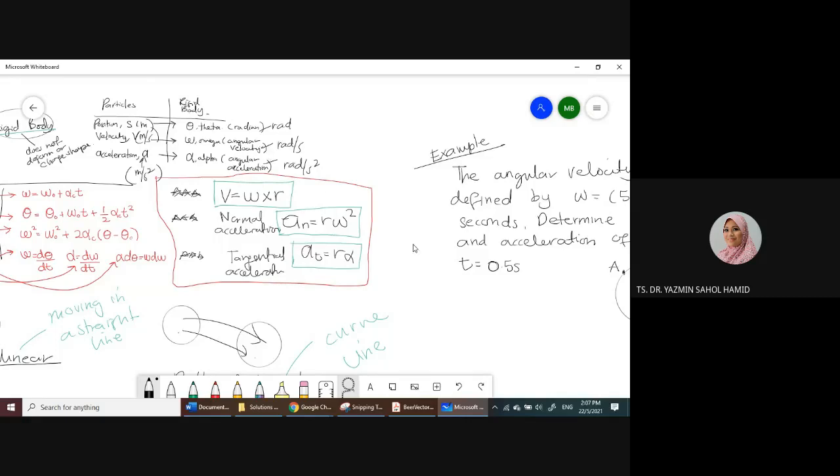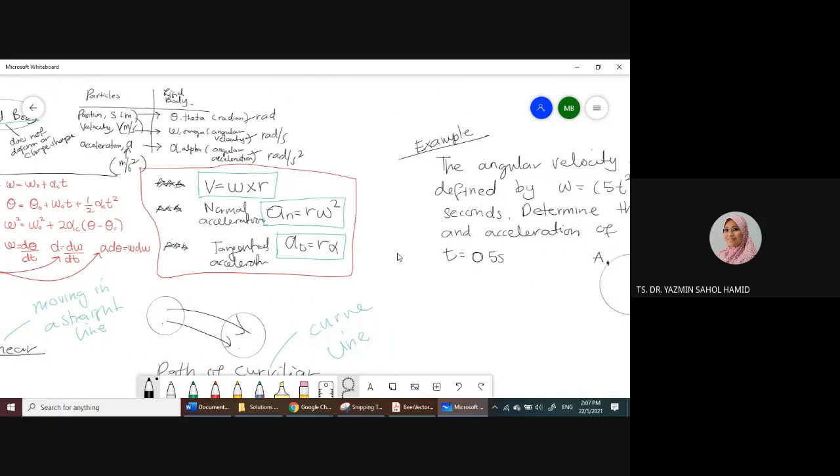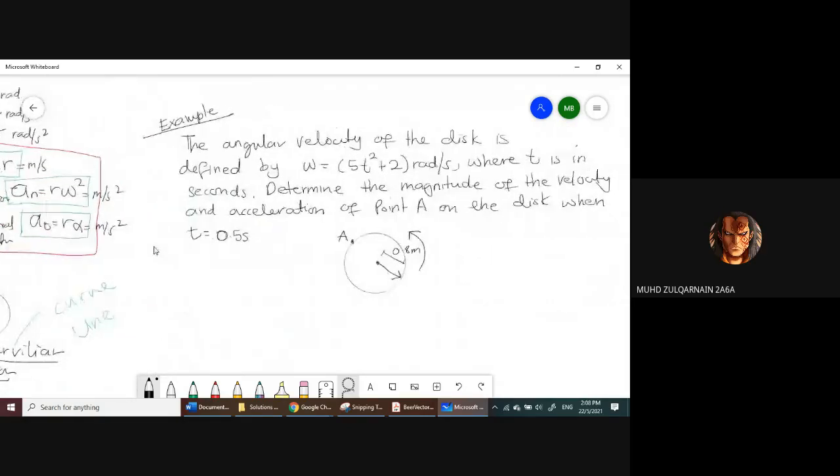Tapi dalam rigid body dia boleh tanya velocity juga. So velocity unit dia meter per second, yang ni meter per second squared, tangential acceleration pun meter per second squared. Okay, boleh?